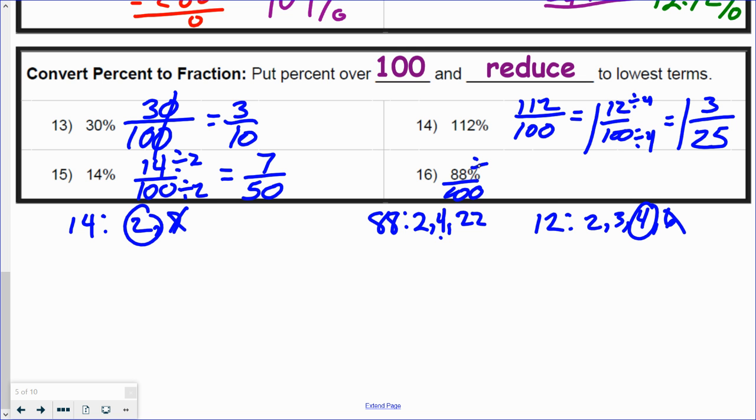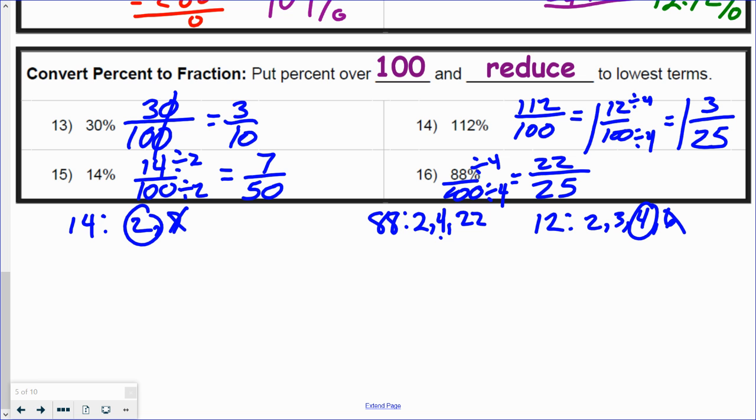So I'm going to try dividing by 4 first and see where we're at. All right, so 4 can go into 88 22 times. 4 goes into 100 25 times. And that, folks, is your lowest terms and your final answer.